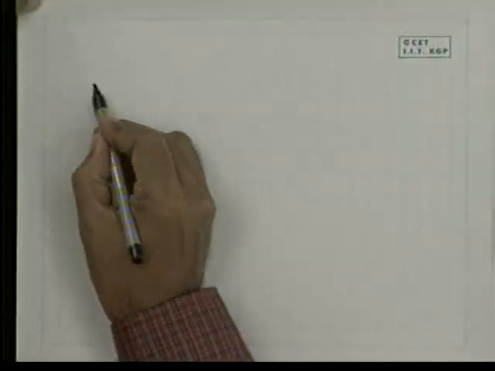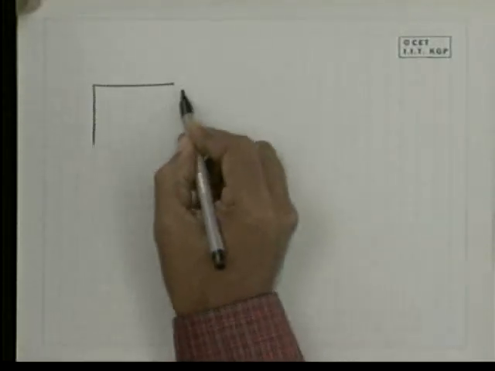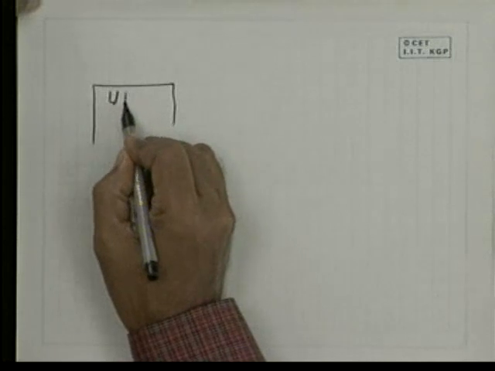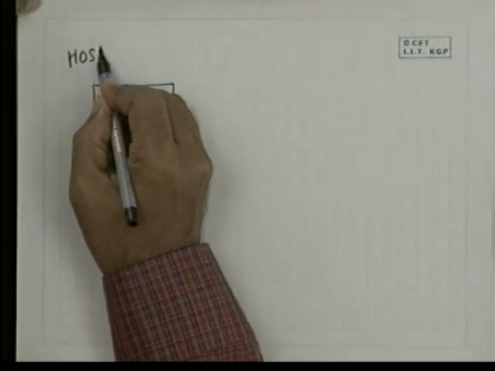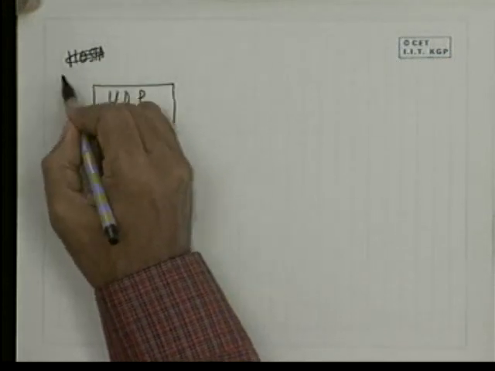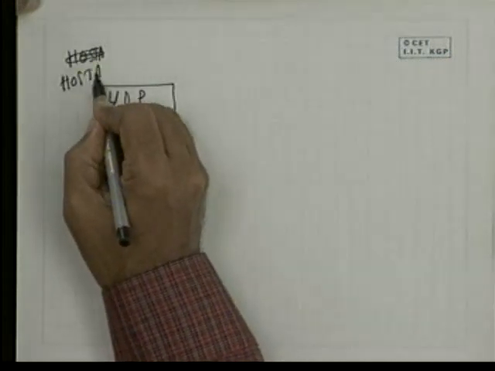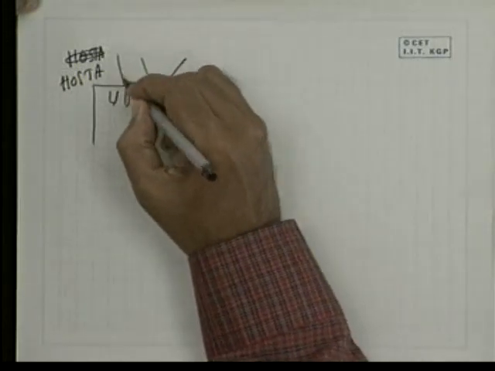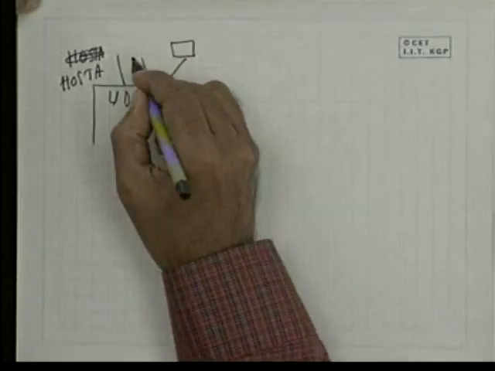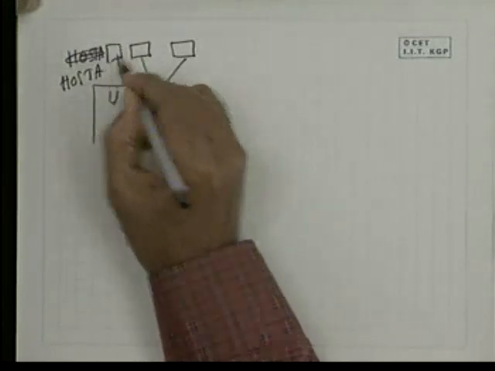Let's assume this is the UDP running in one host, say this is host A. And there are a number of application programs running under this. So this is application program 1, 2, 3 and so on.